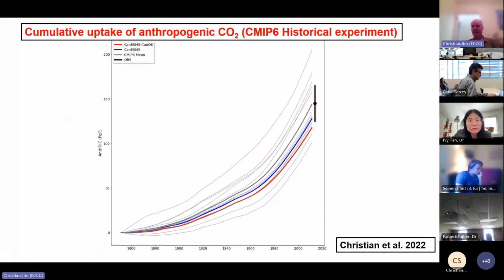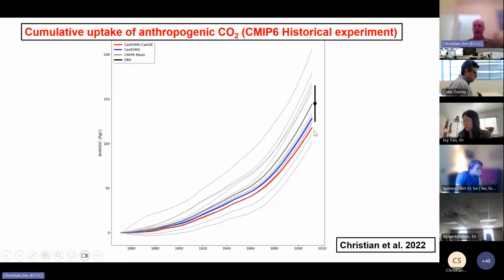This is in the CMIP6 historical experiment, which is the model description paper that I led in 2022. We have an observation-based estimate of the cumulative uptake to 2014 here in black, and then all the CMIP6 models in gray, with the model ensemble mean being the thick line.